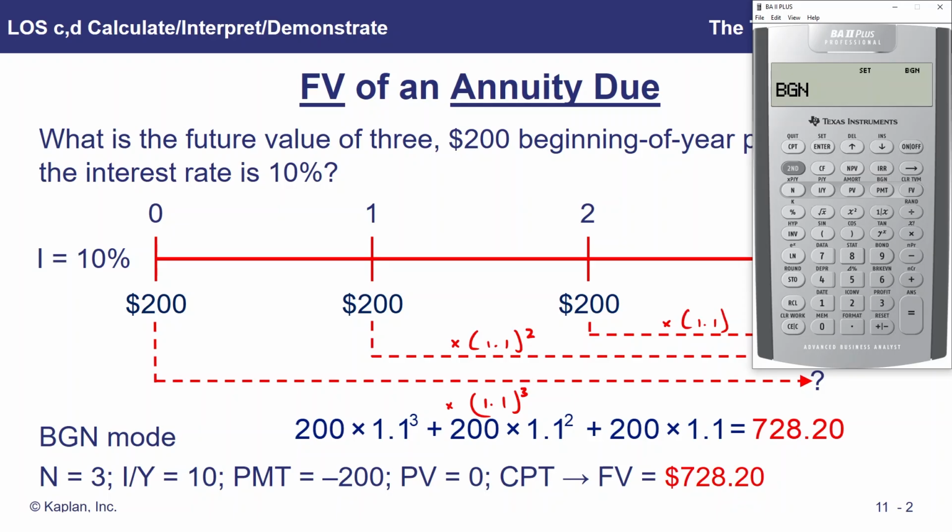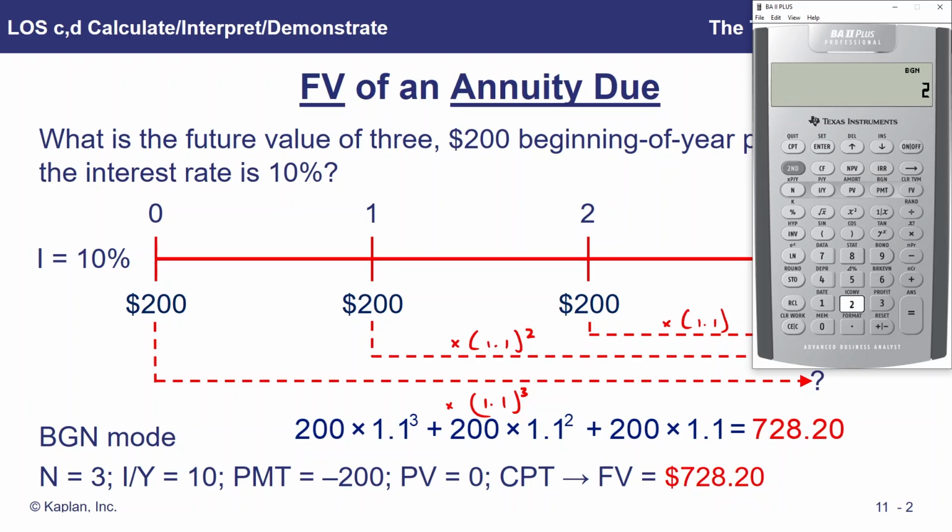I'm then going to do second and enter, and that changes my calculator to begin mode. Notice now when I press clear equals cancel, I can still see BGN in the top right-hand side of my calculator screen, reminding me that I've got it set to assume cash flows arise at the start of each period. I can now enter my data as normal, so I can type 3 and N. I've got 3 payments. I can tell it my interest rate is 10%, so 10, and IY.